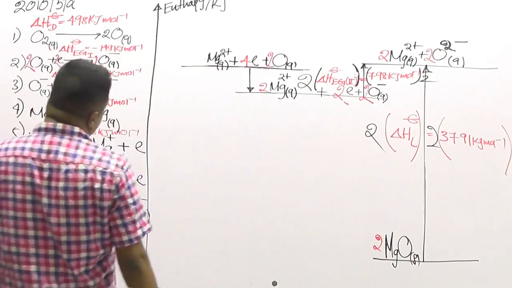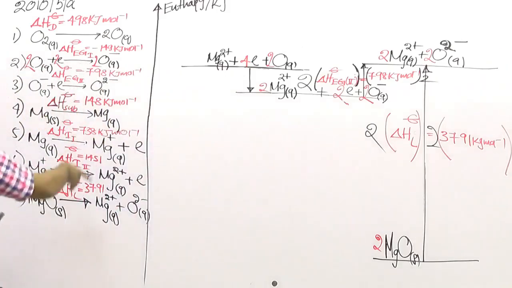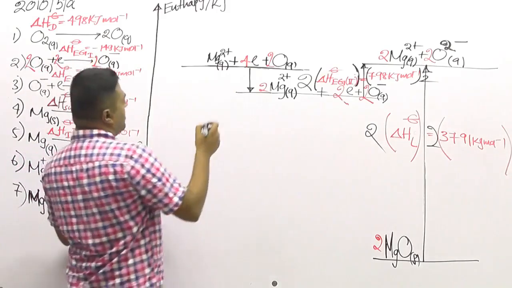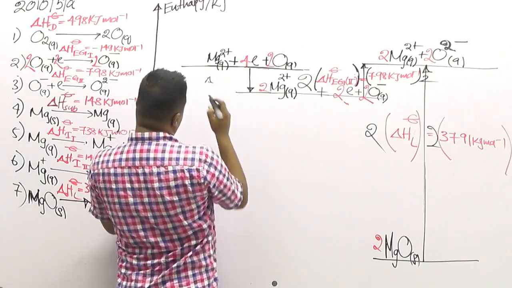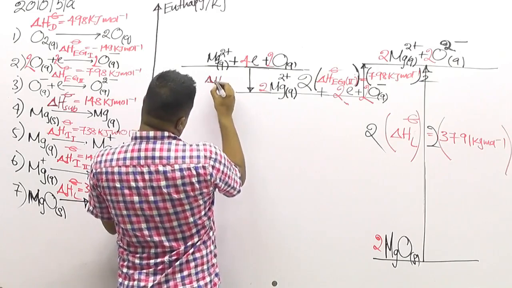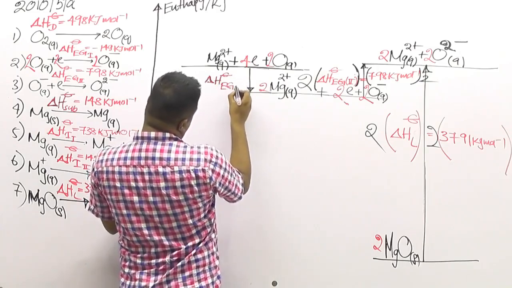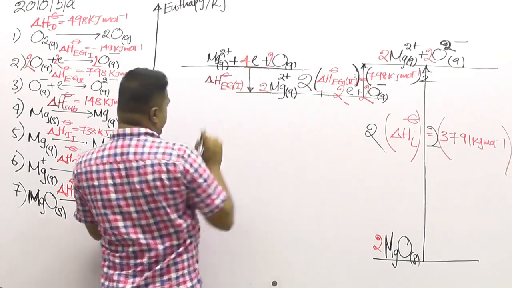Then, what about enthalpy values? Second equation, minus 149 delta H naught, electron gained, first electron gain, right?